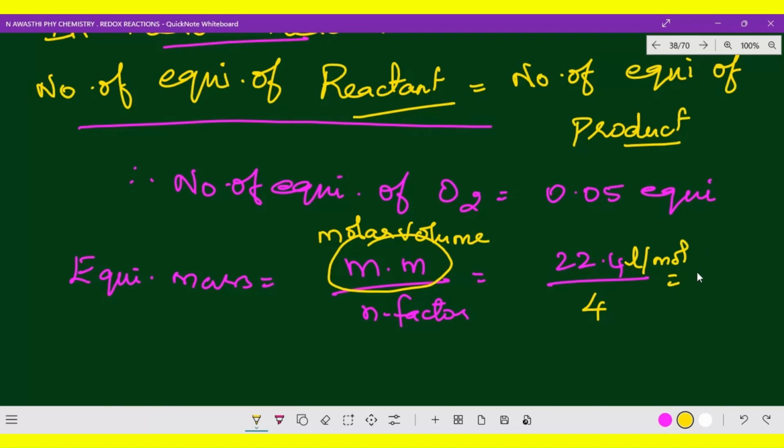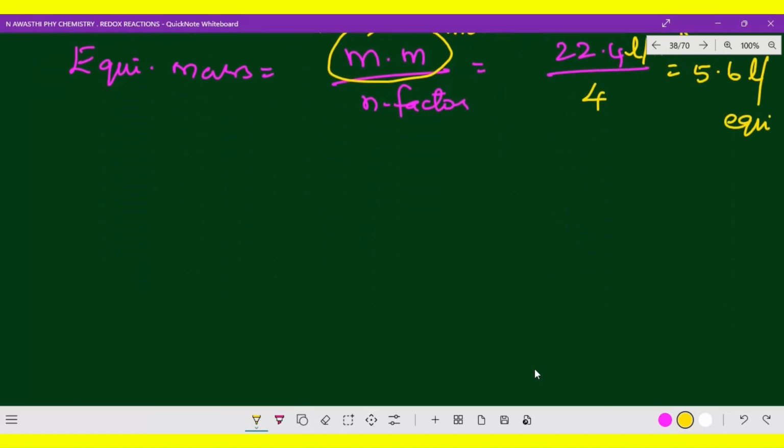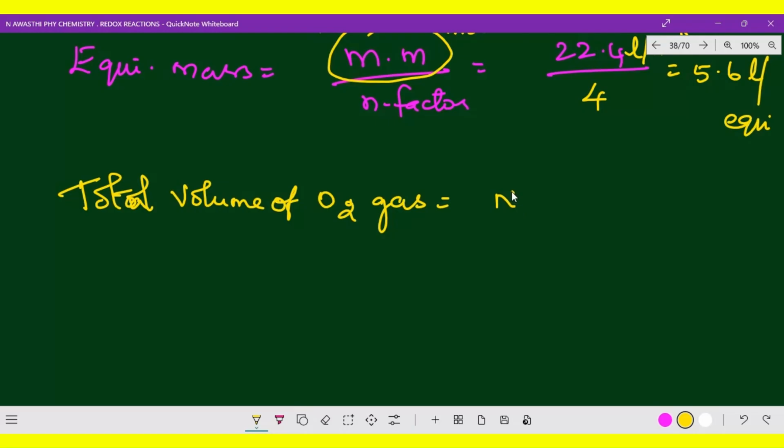Now when we calculate this, we get 5.6 liter per equivalent. Finally we come to the conclusion. What is the conclusion? The total volume of oxygen gas is the number of equivalents of oxygen times the volume per equivalent at STP.